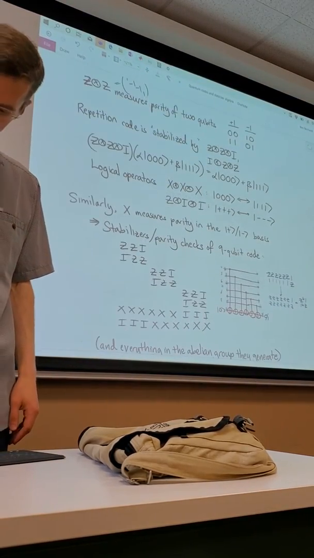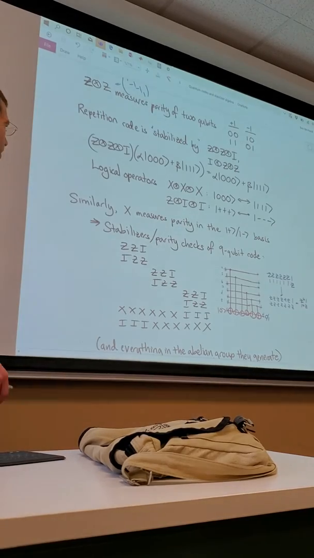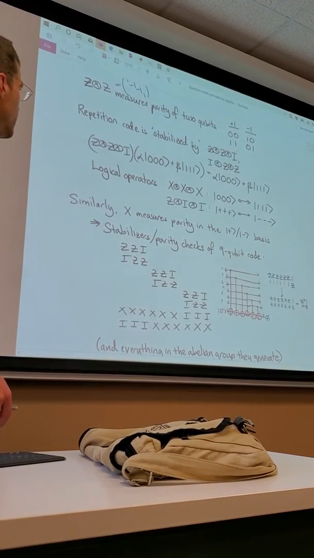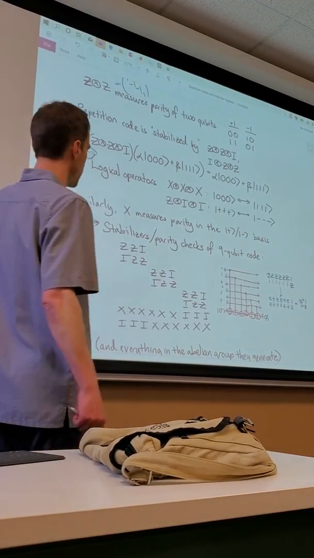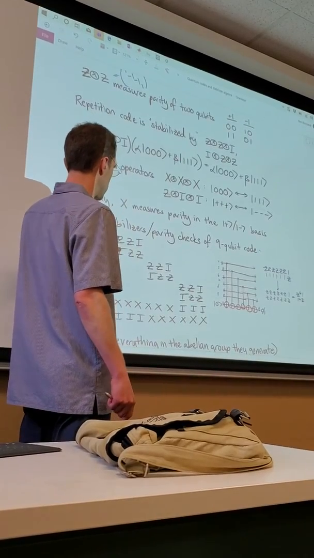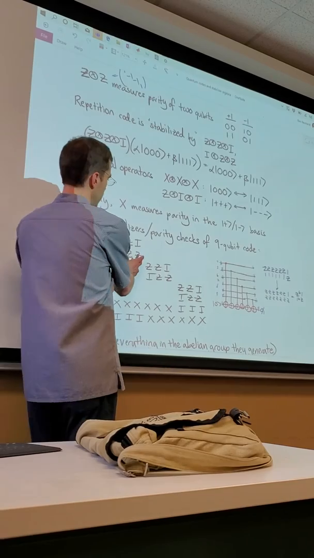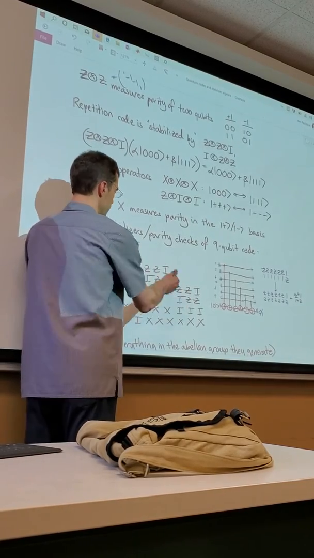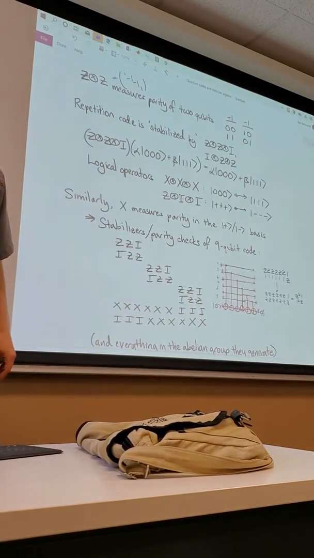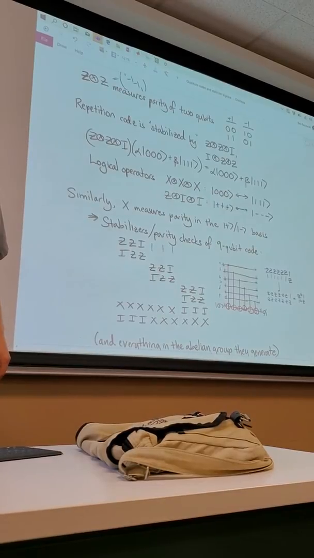Okay, and so that's what I'm doing here, I'm compiling. What I've done here is I've taken the repetition code. The repetition code is ZZI, IZZ, so this is the 3-qubit repetition code 3 different times. What I mean is, this is a 9-qubit stabilizer.